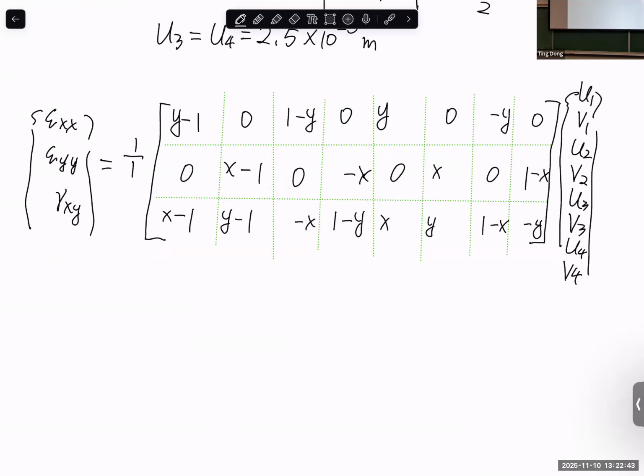Well, let's put all the degrees of freedom here also. U1, V1, U2, V2, U3, we have 2.5. V3, 0, U4, V4.